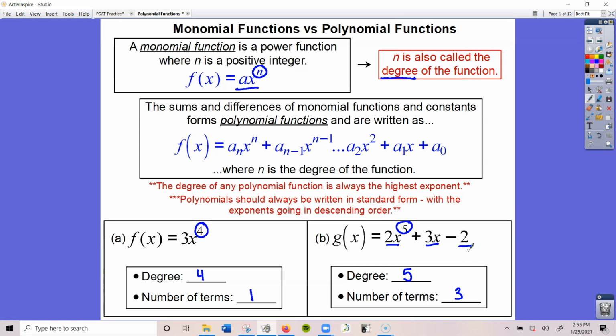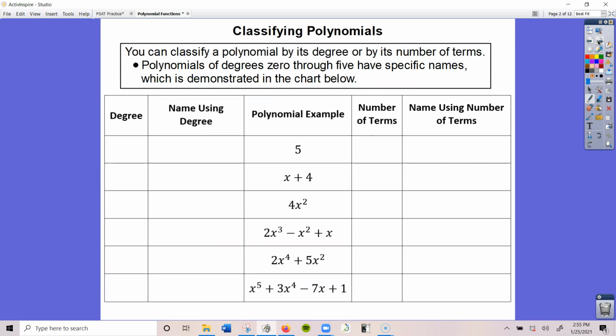Now, all polynomial functions can be classified by the degree and the number of terms. So here we have various examples, and we're going to do just that. First, let's say we have some function f of x is equal to 5. The degree here would be 0, because we don't have a variable.